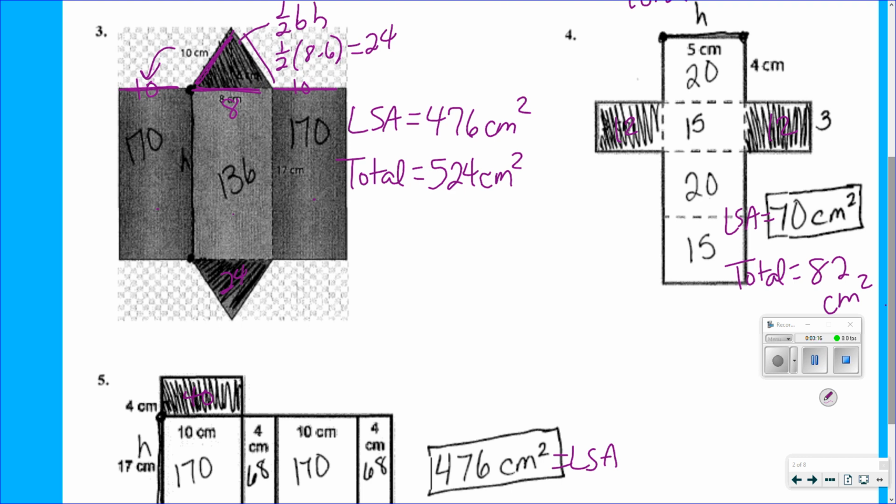What else, you guys? Number 4, the lateral or the total? The total. So did you get that this was 5 by 4, so that one was 20? Which meant that one was 20? Okay. Then this one was 5 and this is 3, so that's 15 and 15. Did you get that? Okay. And then this is 4. Do you see why?